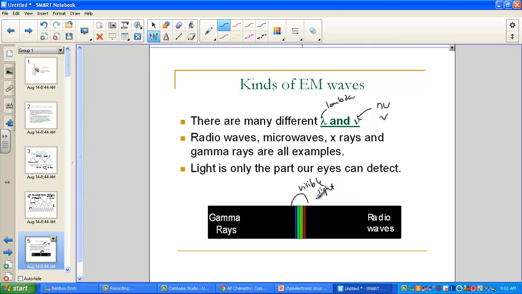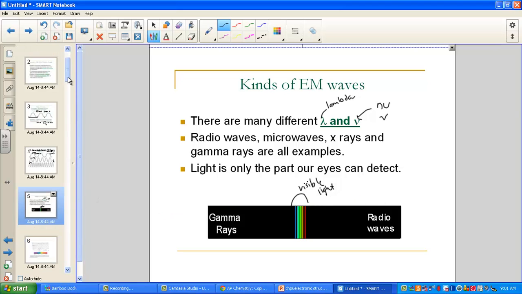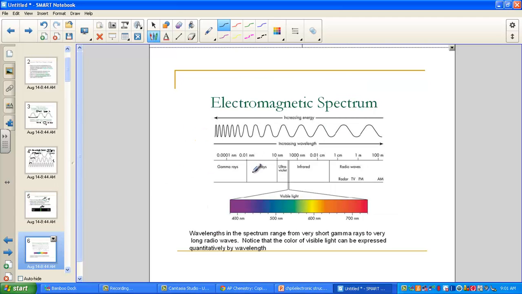But all of the variety of energies, from the longest wavelength to the shortest wavelength, from the lowest energy to the highest energy, we have a wide variety of a spectrum of waves. Light is the only part our eyes can detect. We call that visible light, but there are other types of energy waves as well. This is probably not brand new, but a good review from our physical science days.